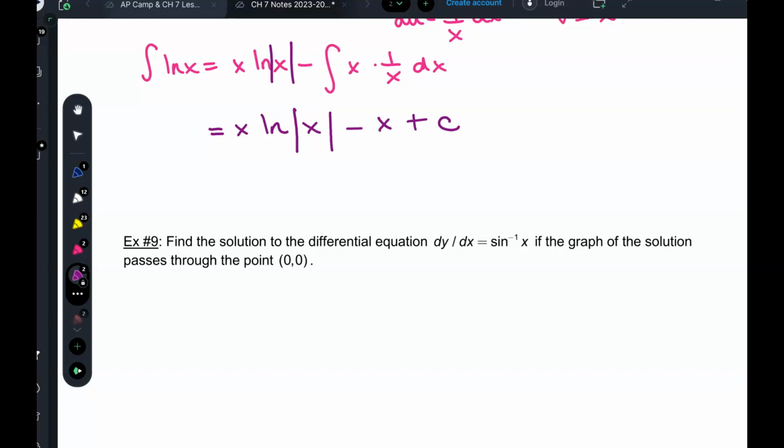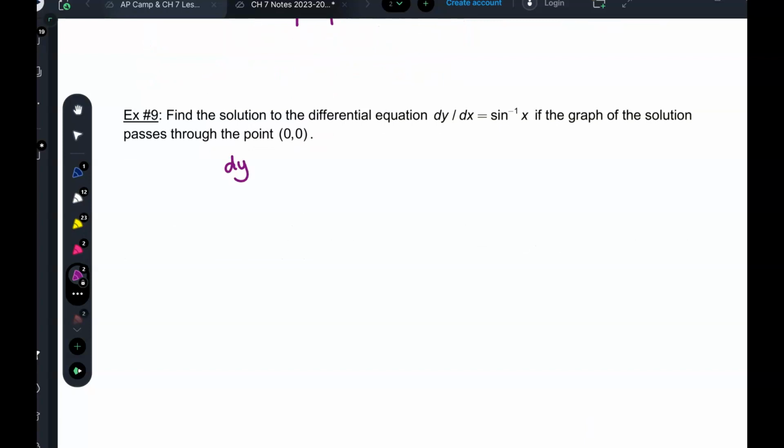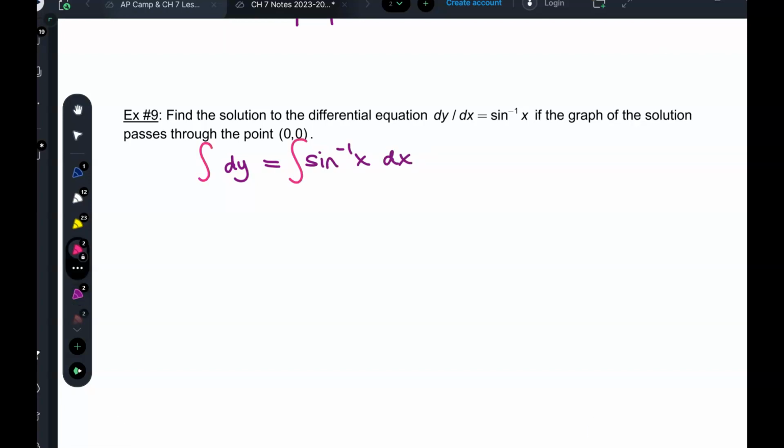Okay. Last example, and then we can tackle some of the homework. So we have dy dx. I'm just going to move the dx over. And this one I'm actually going to solve because it's going to pass through the point 0, 0.